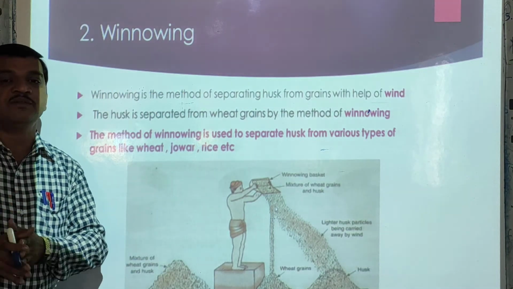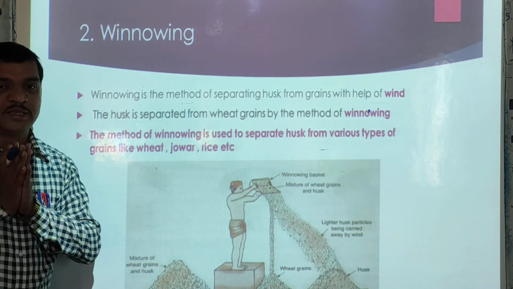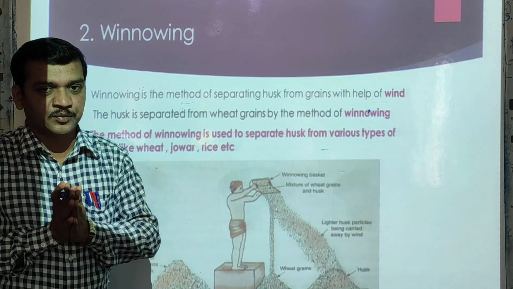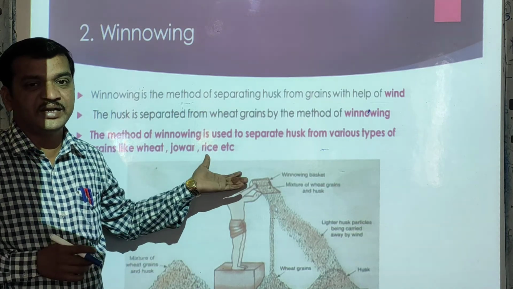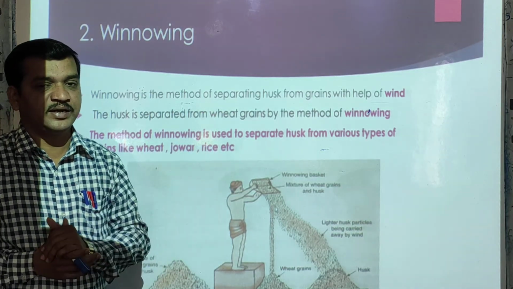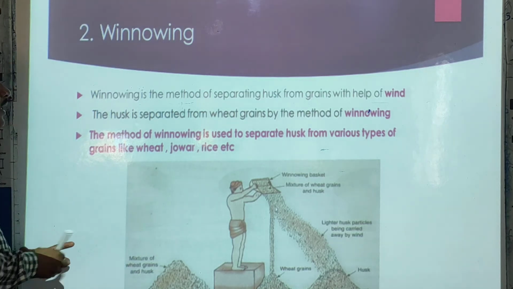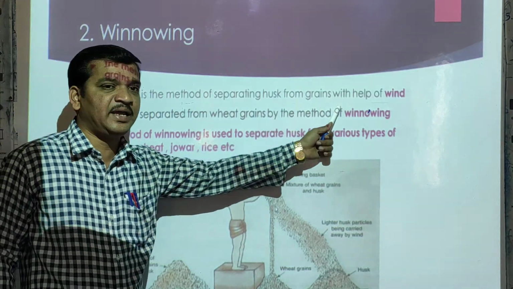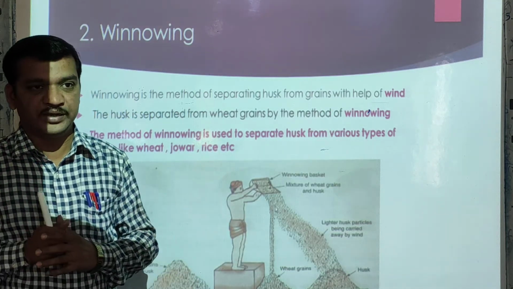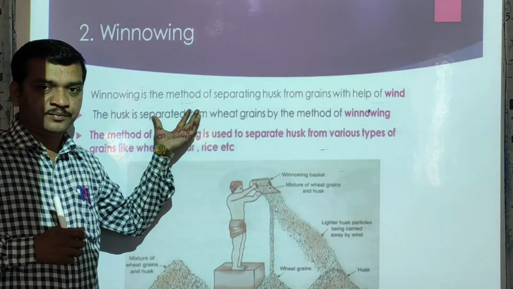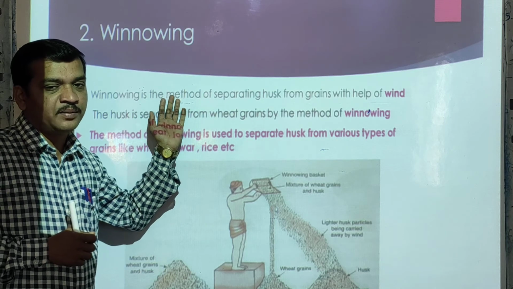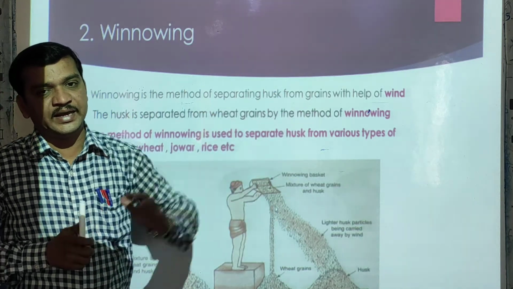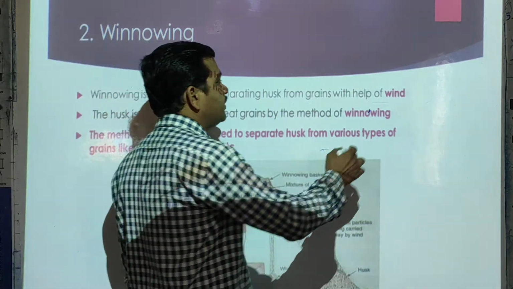In winnowing, wind is used to separate out the lighter component from the mixture. So here is the mixture of wheat grains and husk particles. Winnowing is the method of separating husk from grains with the help of wind.